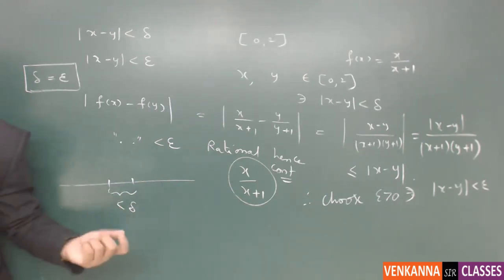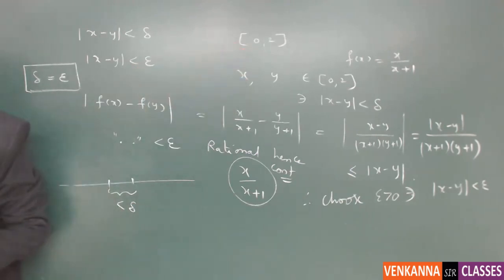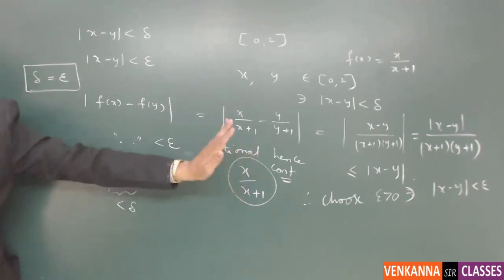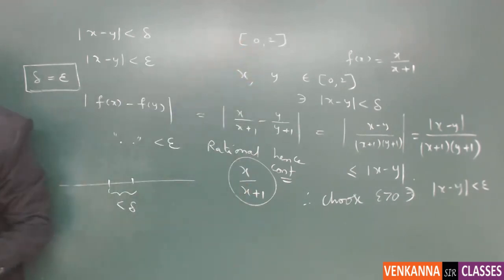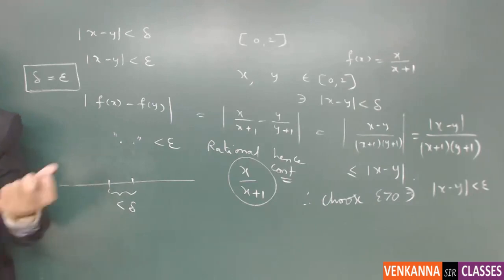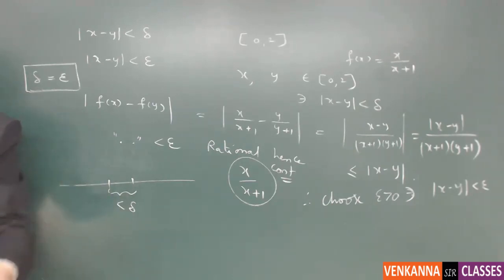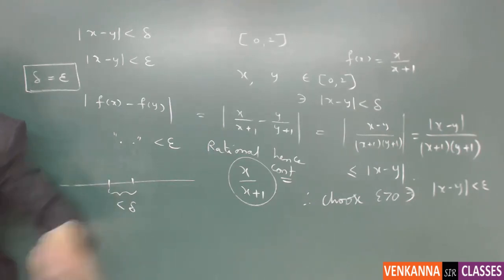Does the point minus 1 belong to the interval [0, 2]? No. Therefore, the function value always exists. It is a rational function. Hence, it is continuous on the given interval [0, 2]. So the function is continuous on the given closed interval. Hence, it becomes uniformly continuous. So in two lines, you can write like that. But if you want to build a traditional relation, we will do like this. Is that okay? The explanation part? Right.